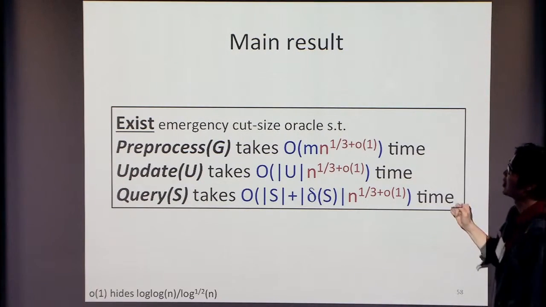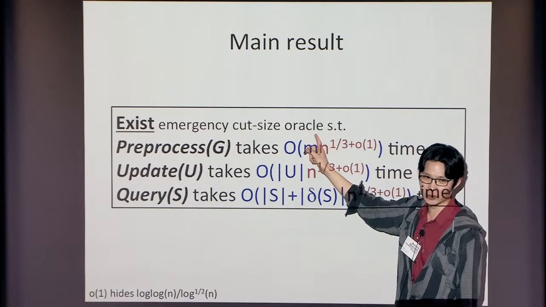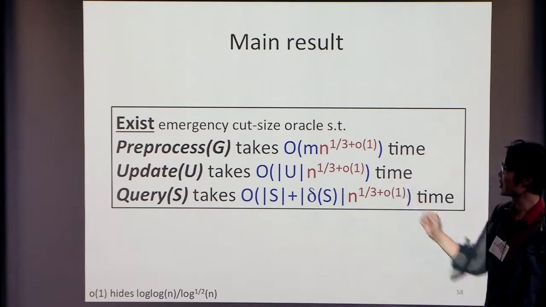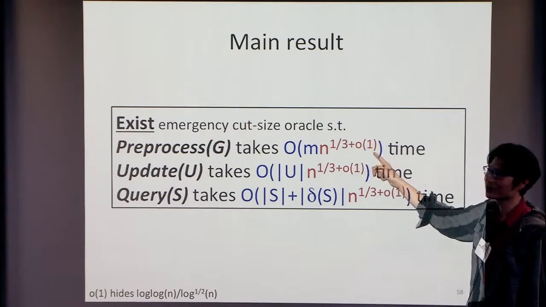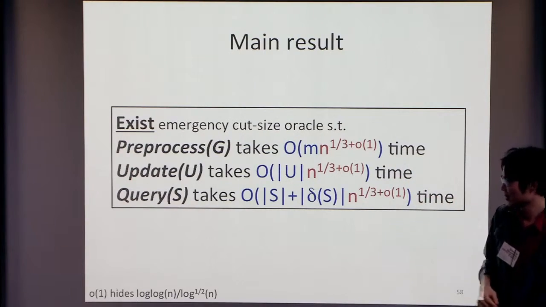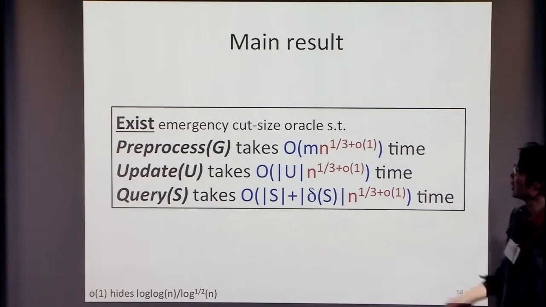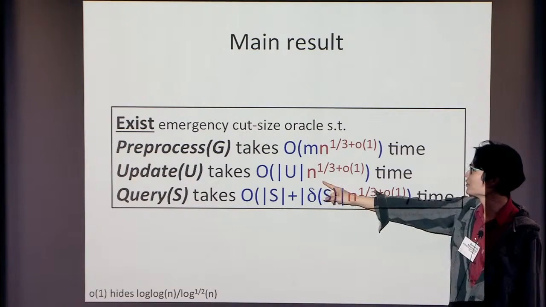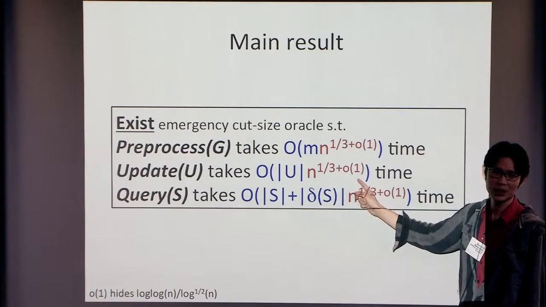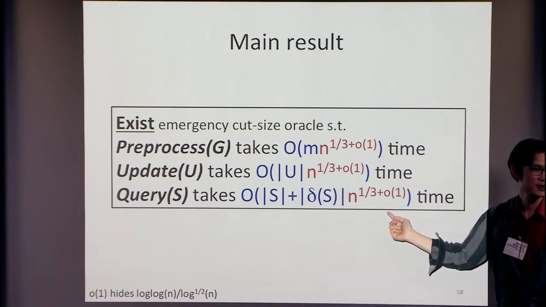So we show that there is an emergency cut size oracle such that the preprocessing takes n to the 1/2 plus little o(1) time. And the little o(1) is written here, log divided by square root log. And update time, again, you have this extra n to the 1/3 plus little o(1). And also for the query time, you have n to the 1/3 plus little o(1).